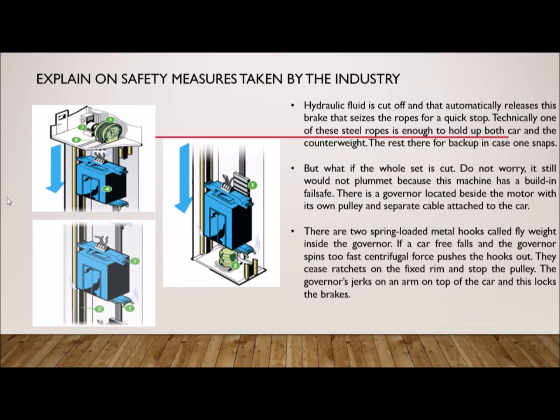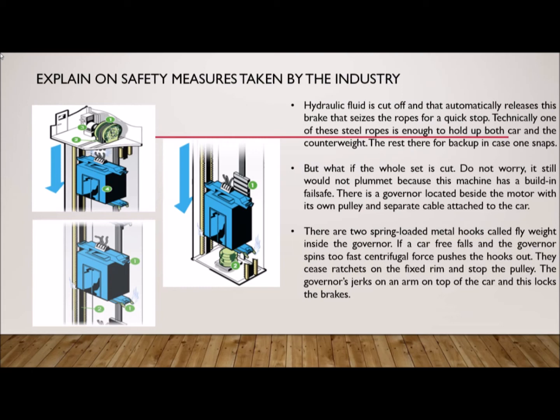Okay, but what if the whole set is cut? And this is picture 2. Do not worry, it still will not crash because the machine has a built-in fail-safe. There is a governor located beside the motor with its own pulley and a separate cable attached to the car.